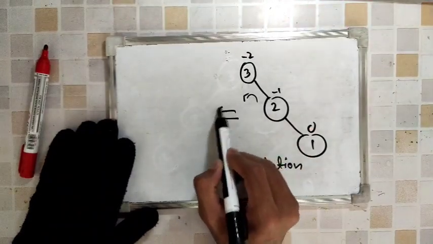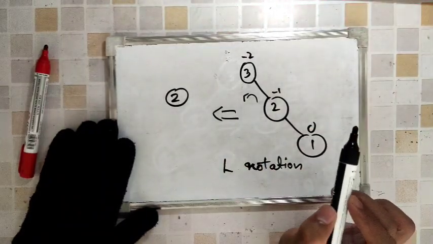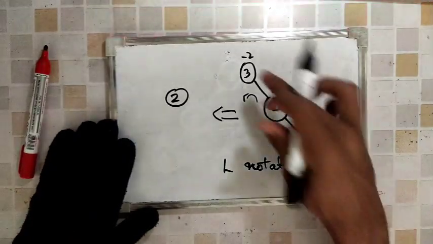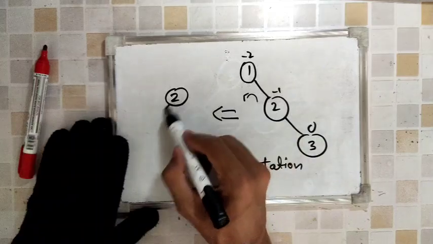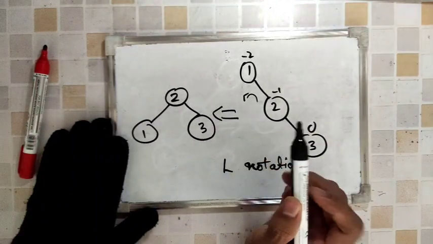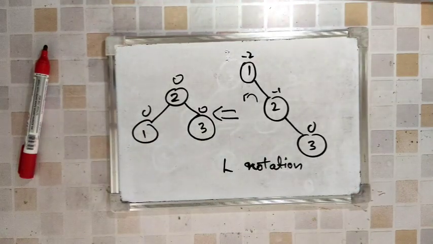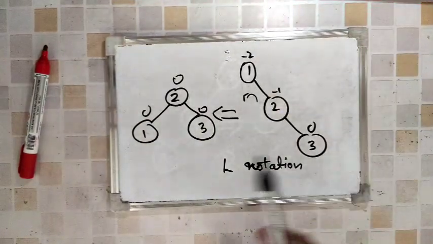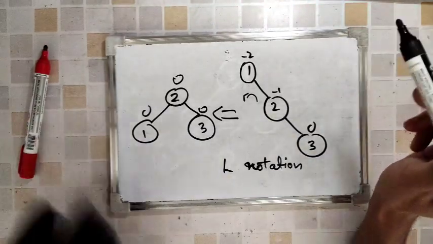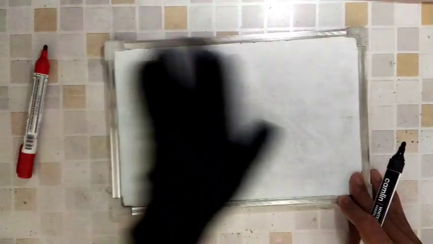Now what does this become, 2, sorry, the numbers I took are wrong, 2, 1, 3, okay, and make it 0, 0, 0. Make sure you don't make mistakes in examples. This is 1, 2, 3. Why? Because it should be balanced. So 2 should be greater than 1 and lesser than 3. The root should be greater.